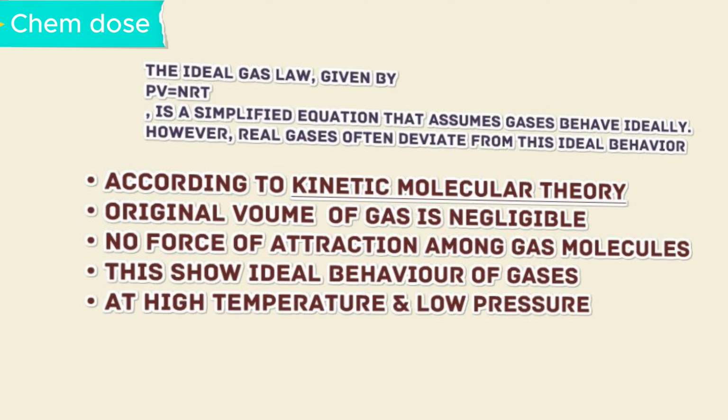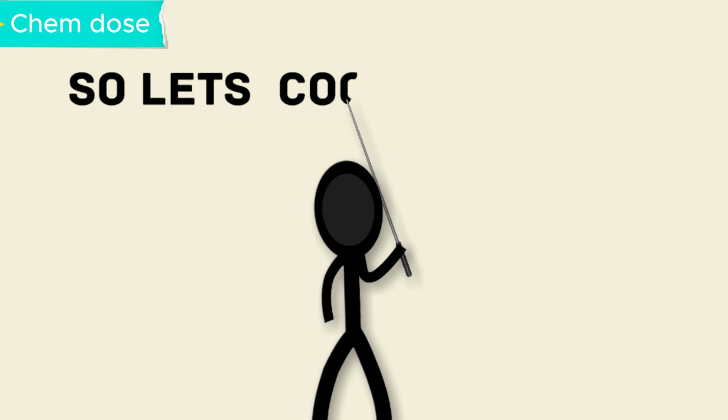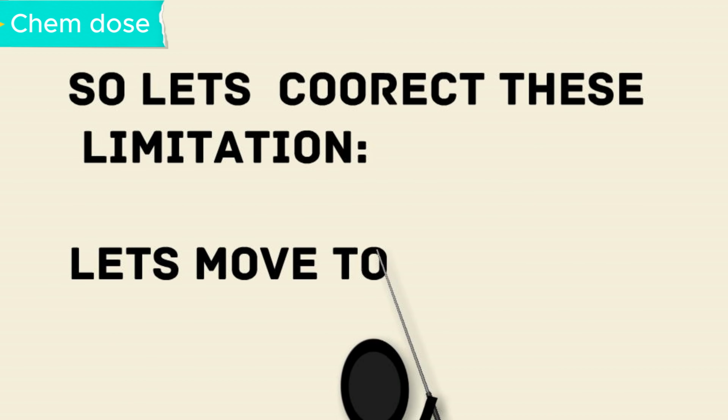These two postulates of kinetic molecular theory are faulty. They don't fit real gas, because in real gas the volume of gas is not negligible and there is a force of attraction among gas molecules.